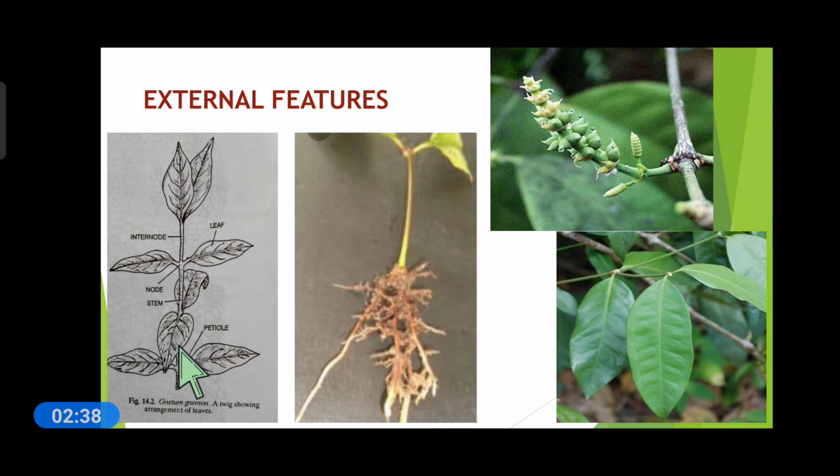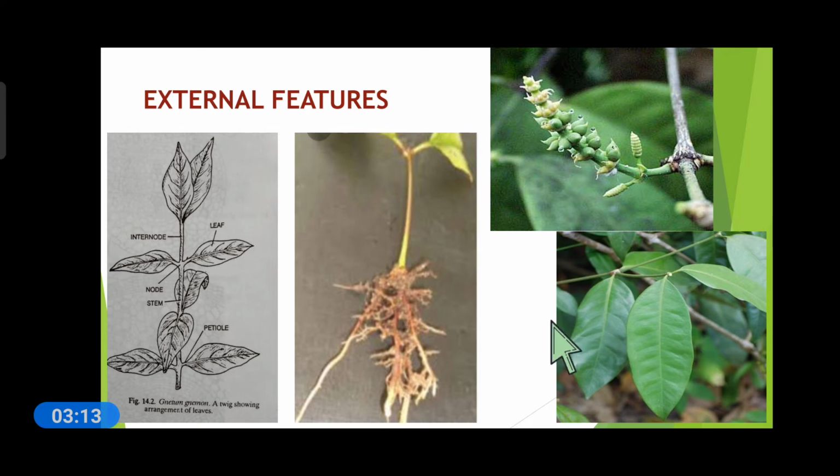That is, we have two types of branches. The first type is branches of unlimited growth, or the long shoots, and we also have the branches of limited growth, or the short shoots. So just remember there are two types, the long shoots and the short shoots, but not in the case of Gnetum gnemon. All the branches arise in the axil of the leaves.